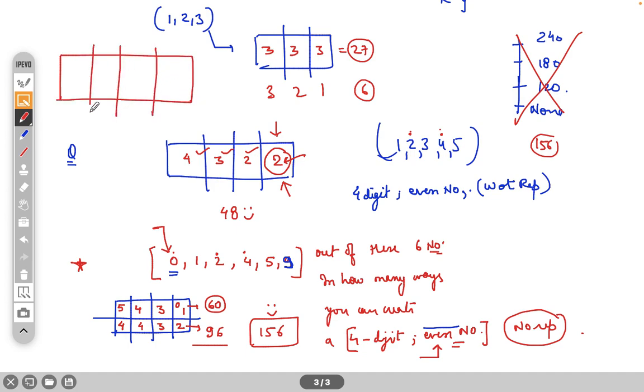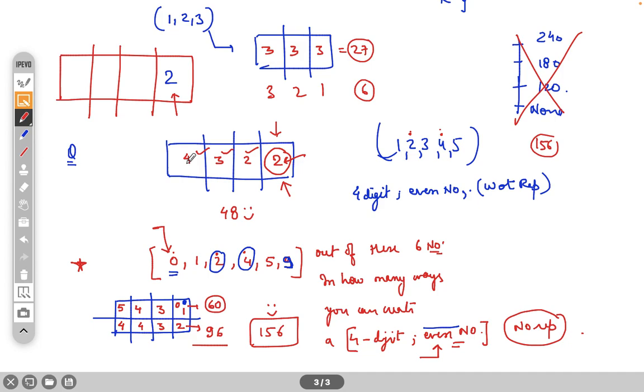You have to create a 4-digit number. You have already created even numbers which end at 0. Now you are creating even numbers which end at either 2 or 4. This block can be filled in two ways. Now, out of 6 numbers, 1 has been used here, so you are left with 5.